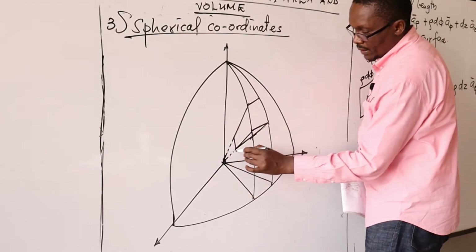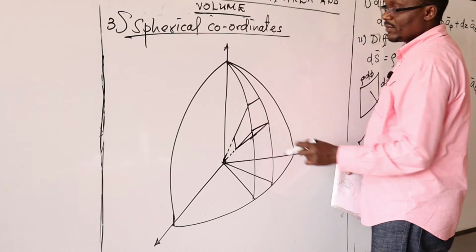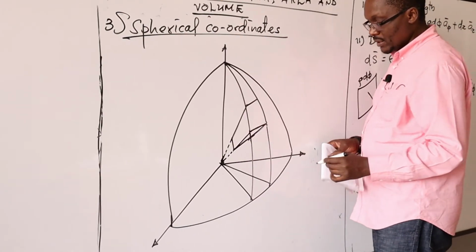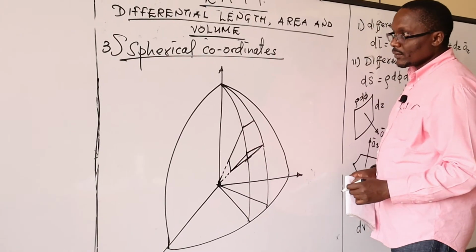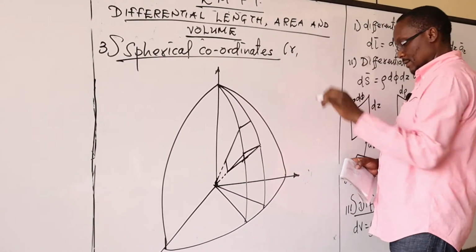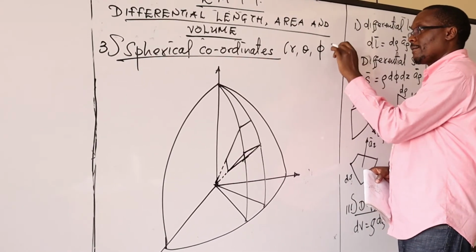So we have our hemisphere and we have our volume. Still remember our coordinate system that we had in spherical. In spherical we talked about r, theta, and phi.